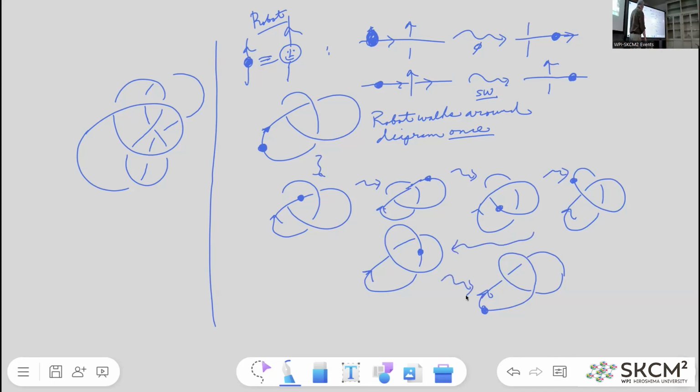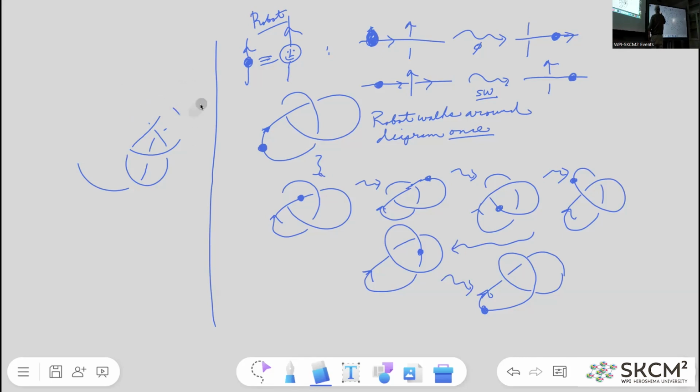My claim is that this robot, if he does this turn around the diagram, will always end up with an unknotted diagram. Maybe we want one more try before we leave the subject of the robot. I'll leave it to you to prove that the robot does this.